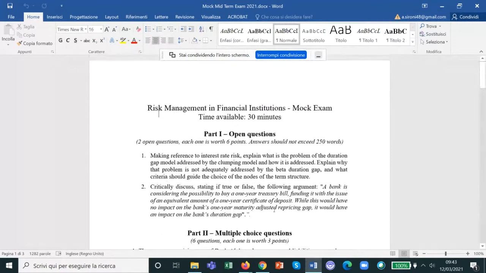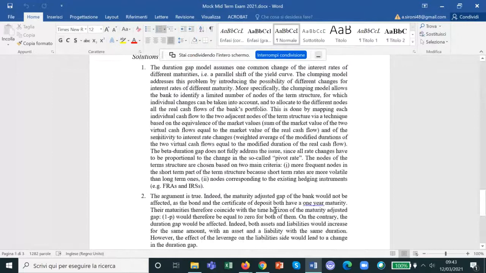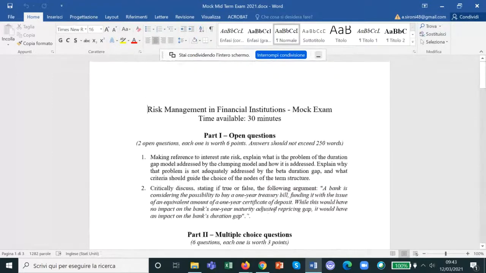So that's the structure of the midterm exam. And as I mentioned, it will not be addressing the market risk section of our course, which will be the subject of the assignment. Any question on what I said till now?